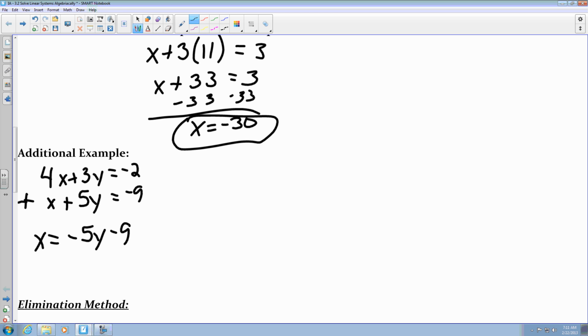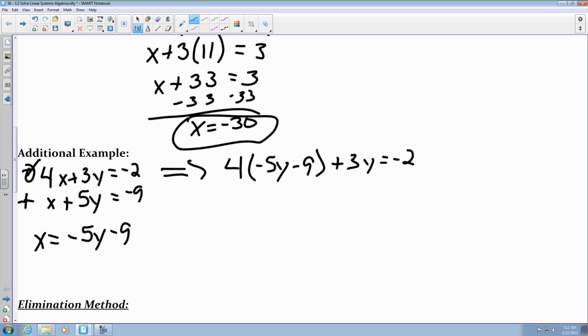So now from there, I'm going to substitute, that's why they call it the substitution method, into that first equation here, and then I'm going to solve for y. So this here was going to be 4 times -5y minus 9, because that's also x, plus 3y equals -2.